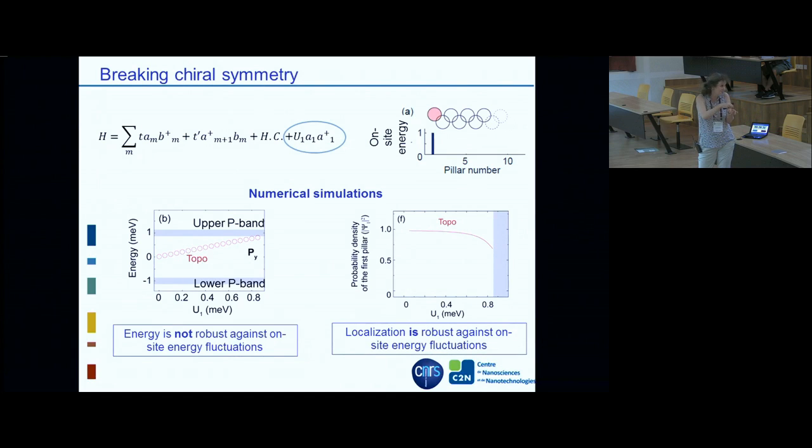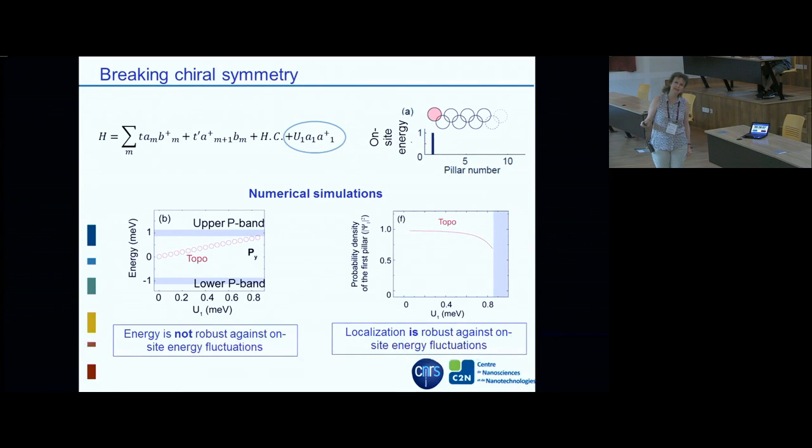So it's really modifying a lot the potential landscape in the region where the edge state is feeling a lot this perturbation. You see that if I change the energy of a pillar which sits here, it's not going to affect a lot this edge state. So what you see that indeed you break this chiral symmetry, so the energy is not robust. You don't have a zero energy mode anymore.